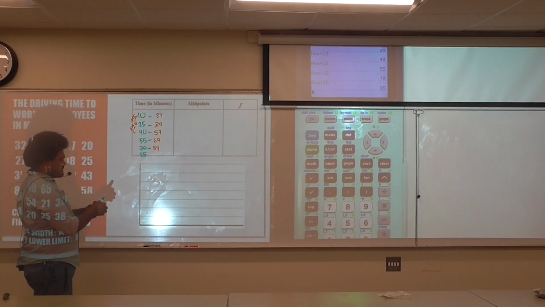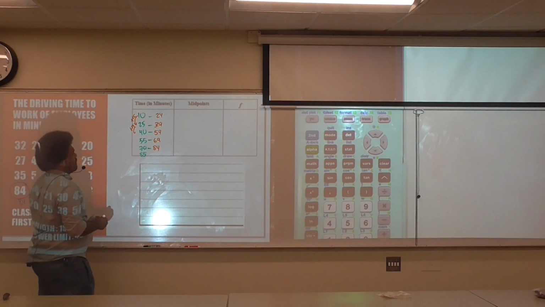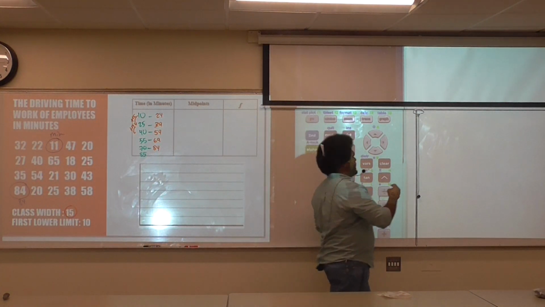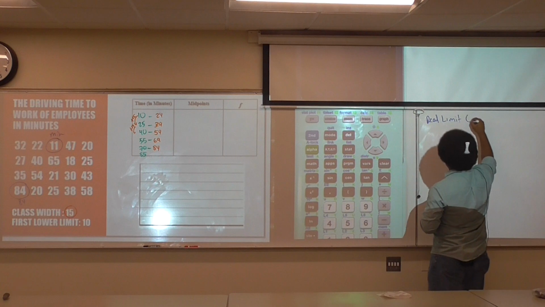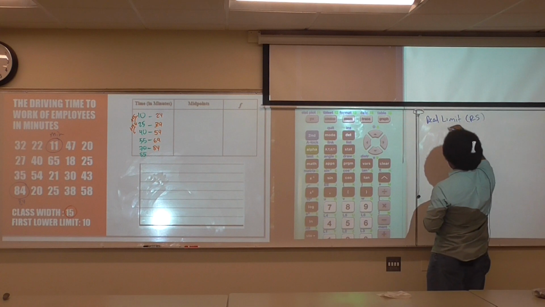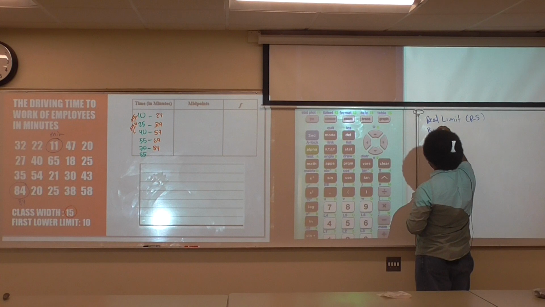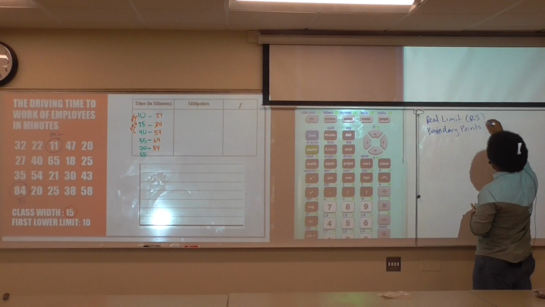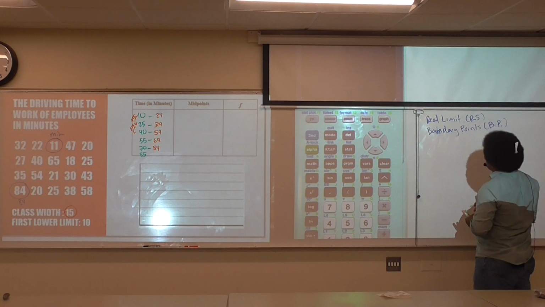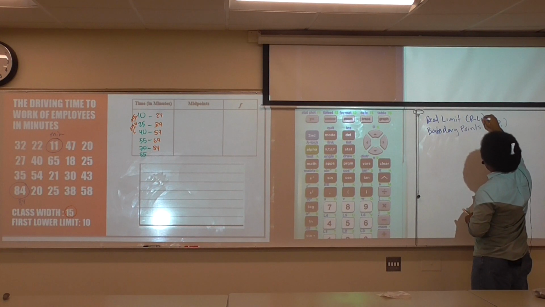So what are our real limits? Over here, when I write RL, I mean real limit. And when I refer to boundary point, I'll be writing B. And this will be consistent, or L for lower limit.